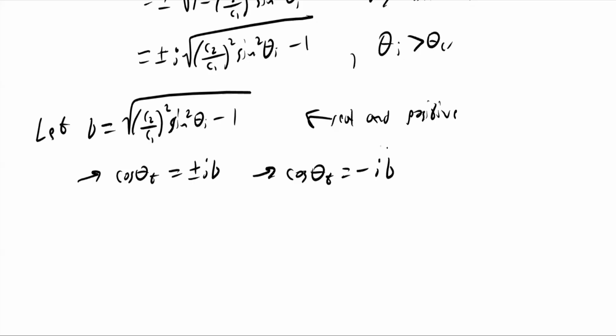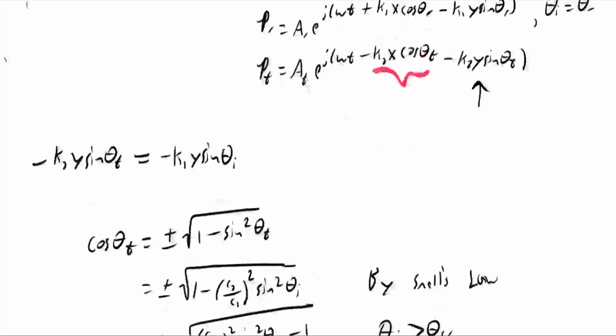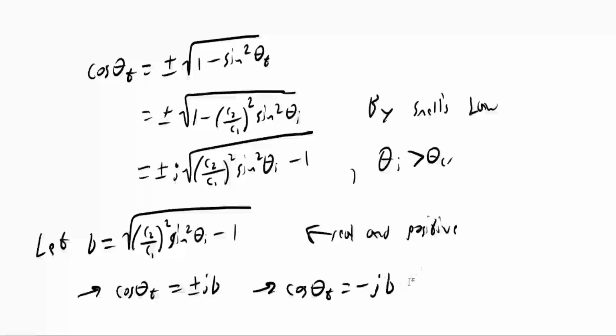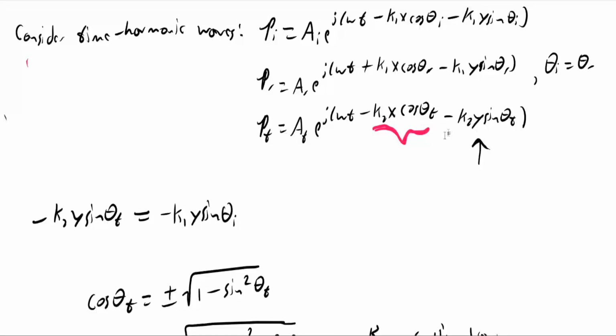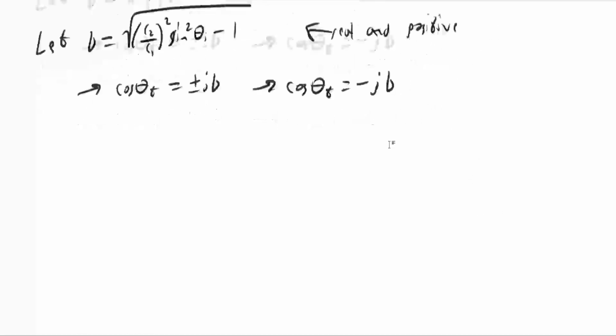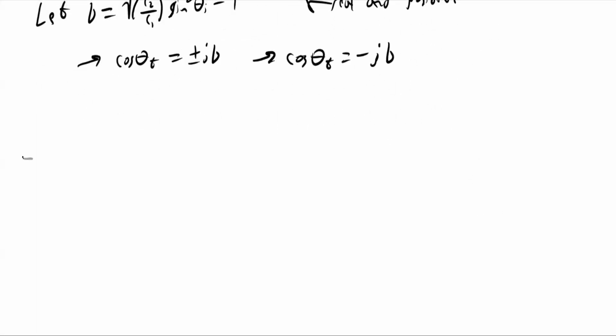Thus, we can, let me write that a little bit cleaner, negative jb. Thus, we can rewrite our pressure expression, plugging in our new expression for cosine jb, and we'll figure out then what this means, that it's a real part or real component of the exponential rather than imaginary.